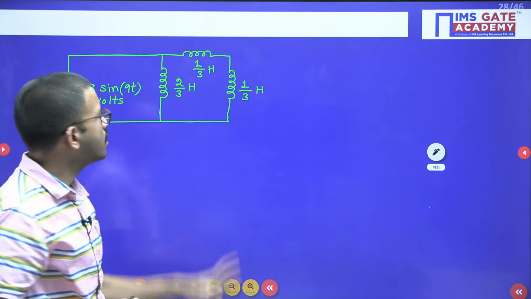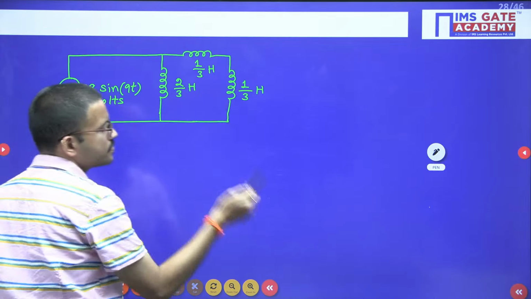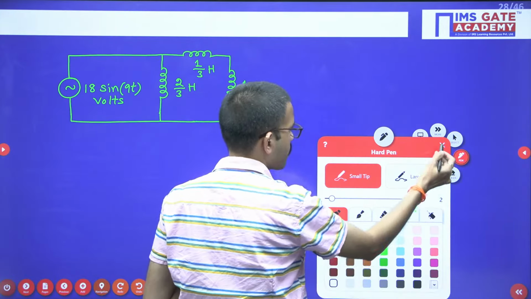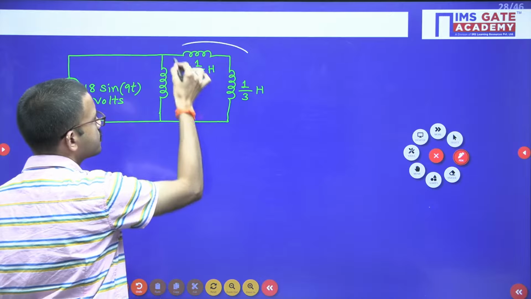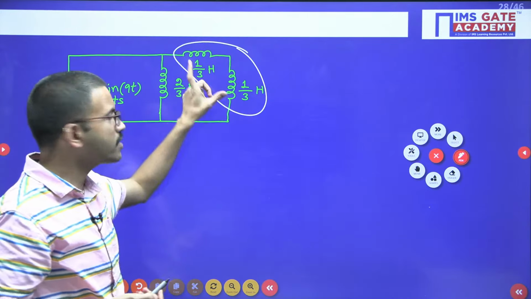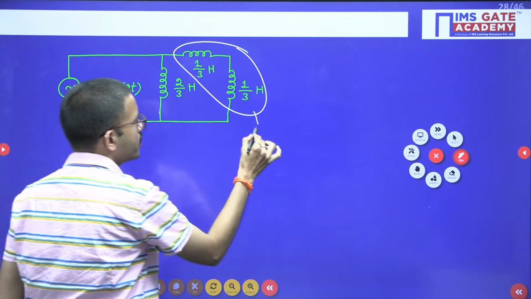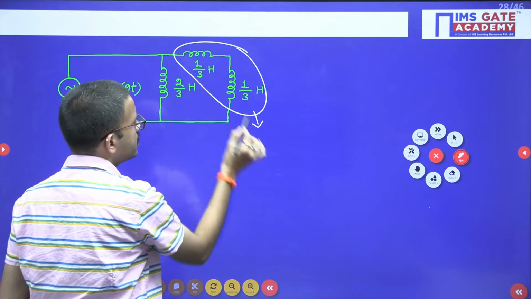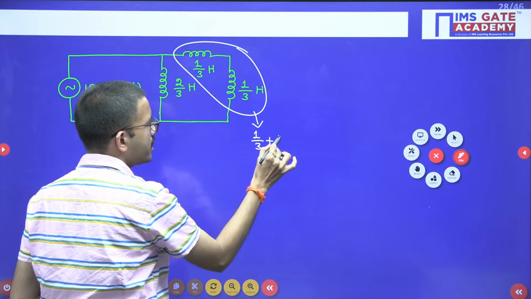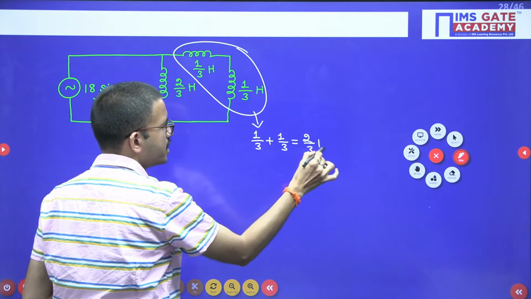I hope all of you got how I have done the simplification, right? Now these two are connected in series. Just like if 2 resistors are connected in series, we can add the respective resistances, similarly for inductors also we can add. So the equivalent inductance is 1 by 3 plus 1 by 3, which is nothing but 2 by 3 Henry.